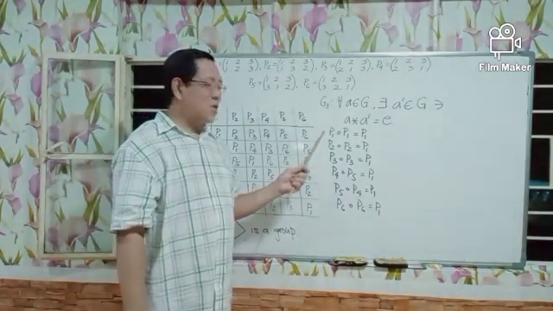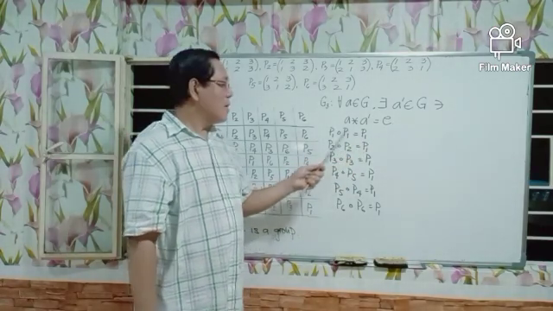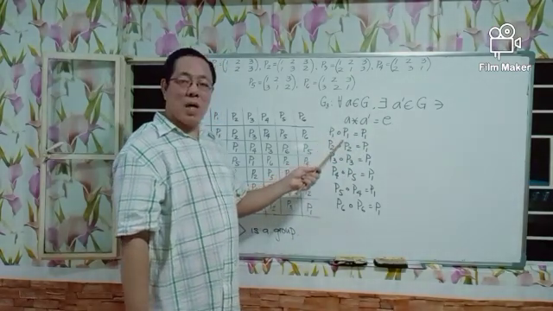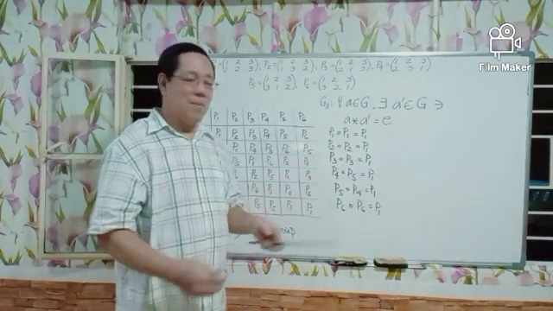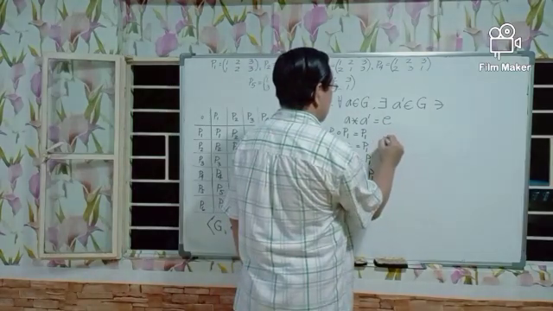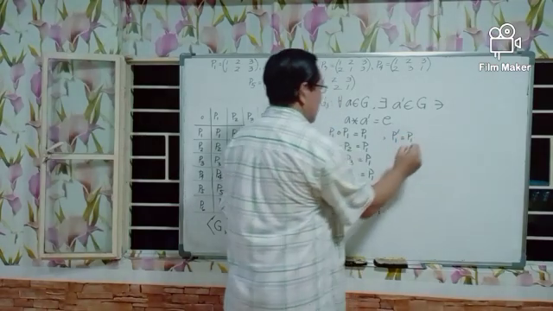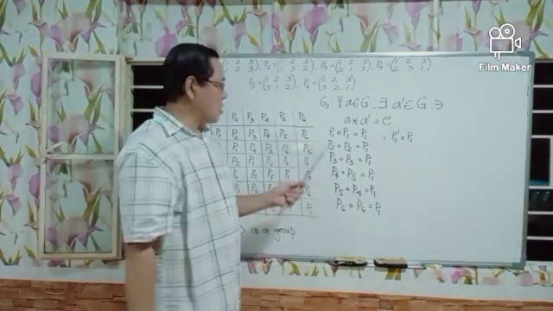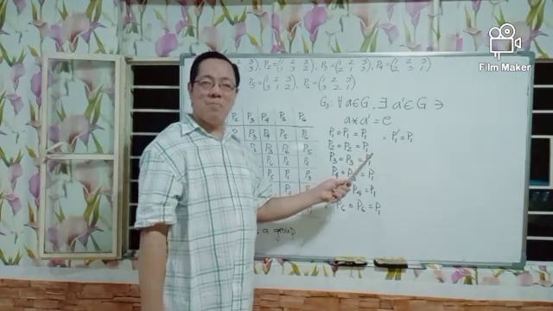Because the composition of P1 with itself is equal to the identity element P1, we say that the inverse of P1 is itself, denoted by P1 prime. The composition of P2 with itself is equal to the identity element P1.